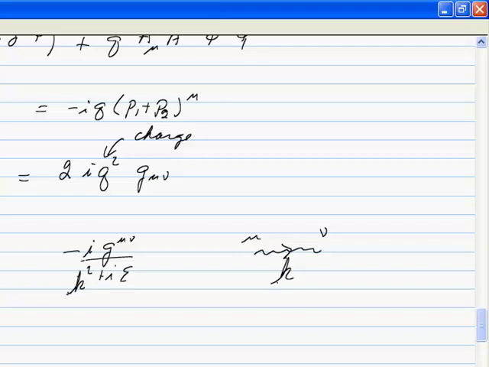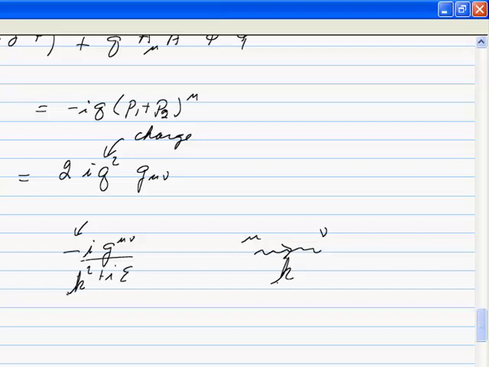So anytime you have a photon propagator, you stick that in there. Notice that there's a minus sign there. It's just how it works out.